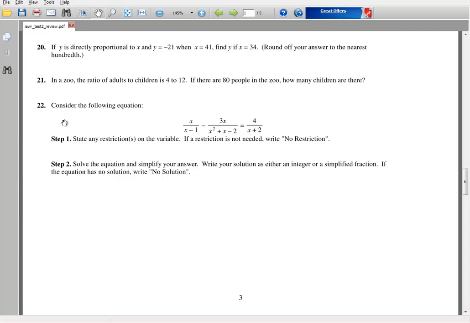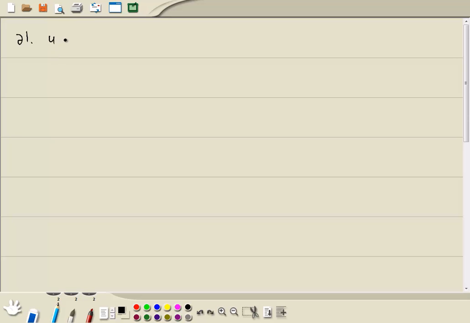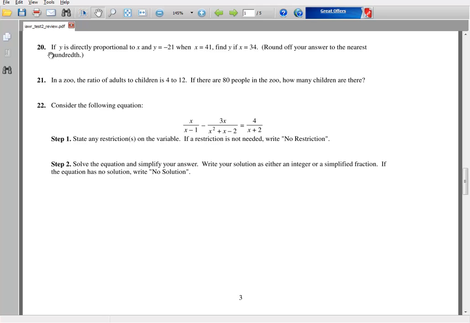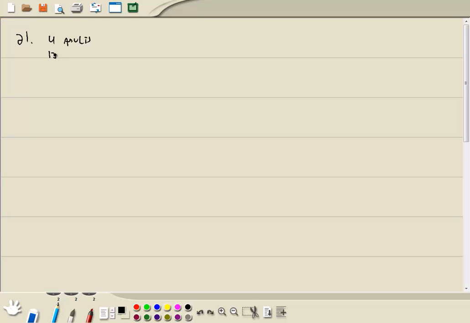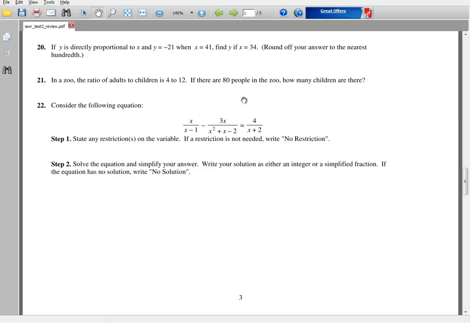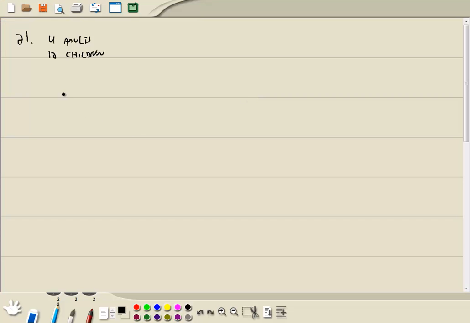Says, in a zoo, the ratio of adults to children is 4 to 12. 4 adults and 12 children. It says if there are 80 people in the zoo, how many children there are. So what they're asking us here is they're putting it in terms of children over the number of people.